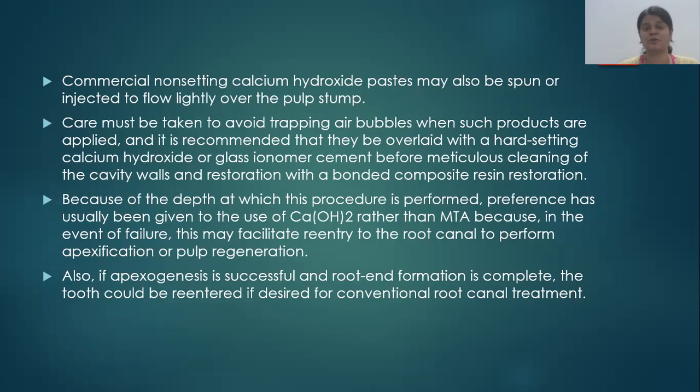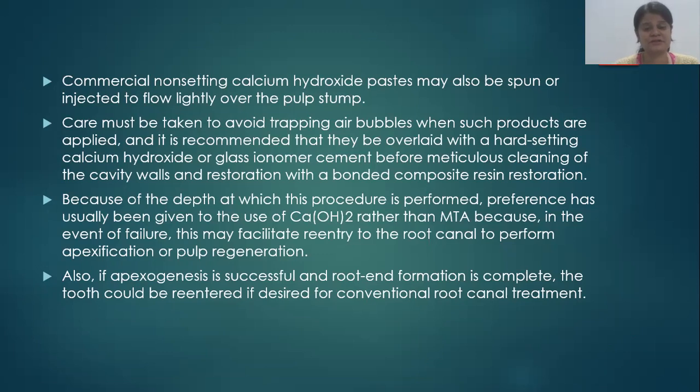Care must be taken to avoid trapping air bubbles with such products, and it is recommended that they be overlaid with a hard-setting calcium hydroxide or a glass ionomer cement before meticulous cleaning of the cavity walls and restoration with a bonded composite resin restorative. Because of the depth at which this procedure is performed, preference has usually been given to calcium hydroxide rather than MTA, because in the event of failure, this may facilitate re-entry of the canal to perform apexification or even pulp regenerative procedures.